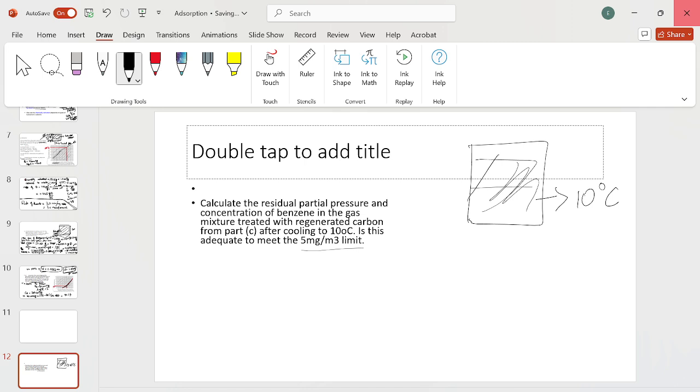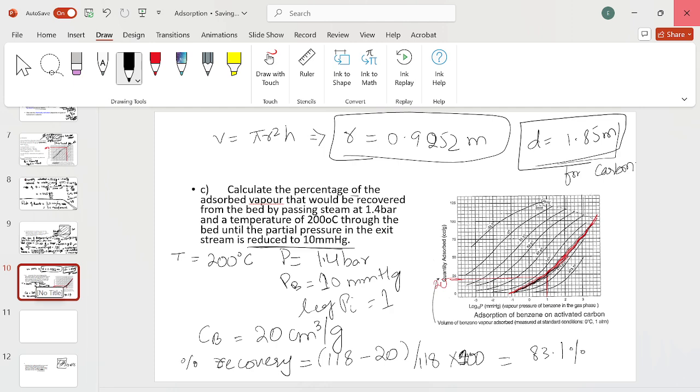Now we will see what the pressure is here. Because we have the temperature and we already know the amount of carbon after reduction, that was calculated here, 20 centimeter cube per gram.